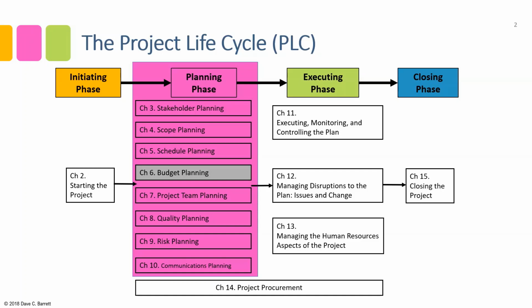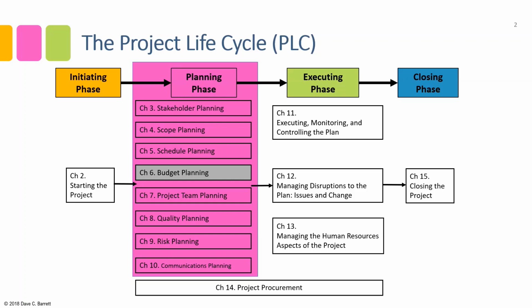Budget planning is also extremely important and visible to key project stakeholders, particularly the project sponsor. Project sponsors and other stakeholders tend to pay attention to many aspects of the project, but particularly the budget.